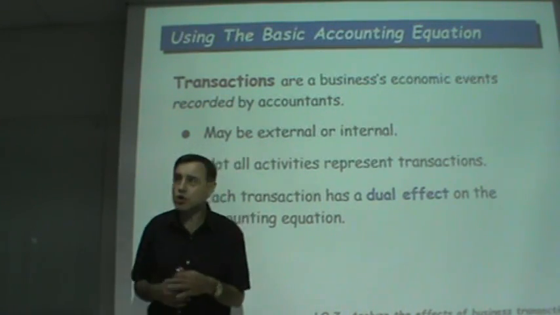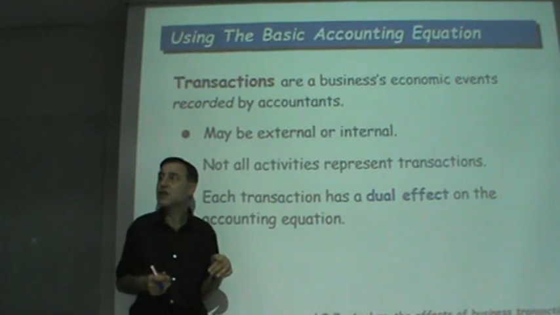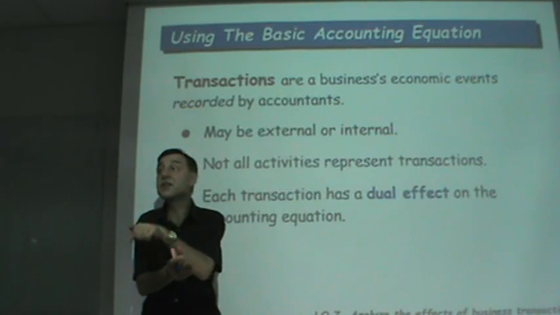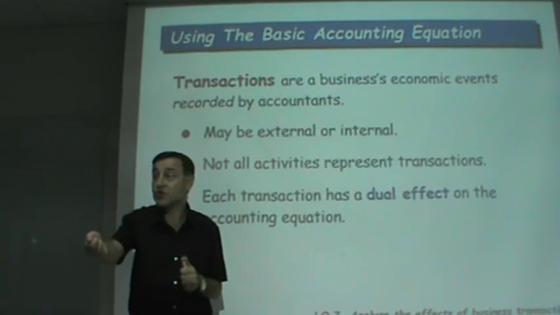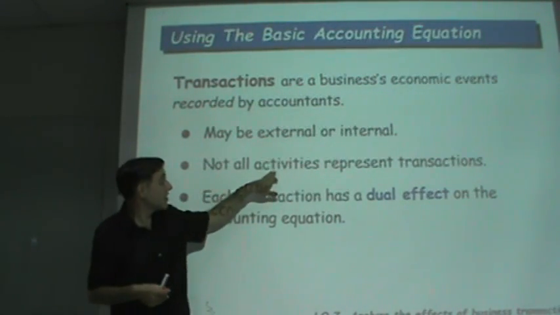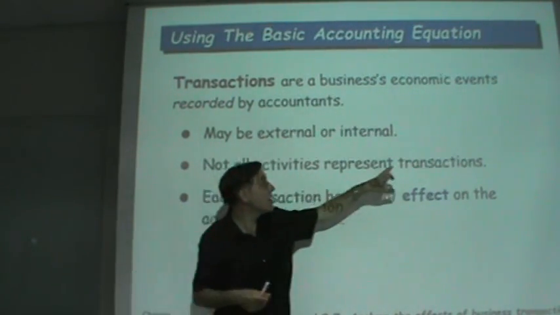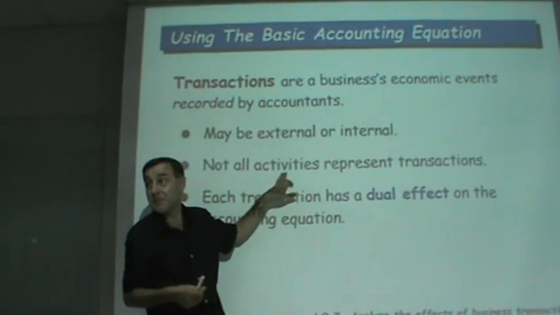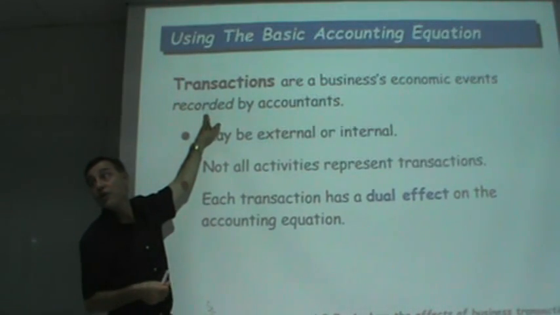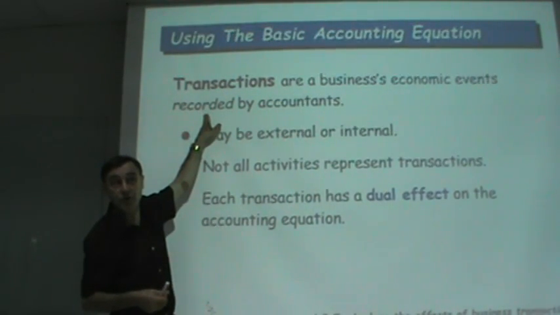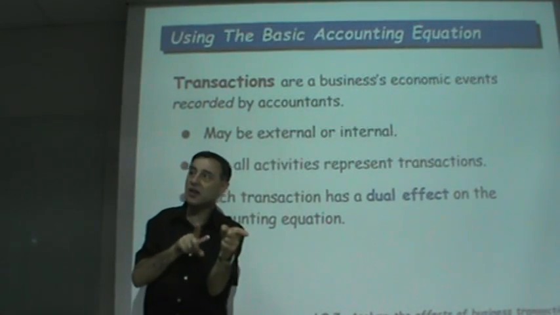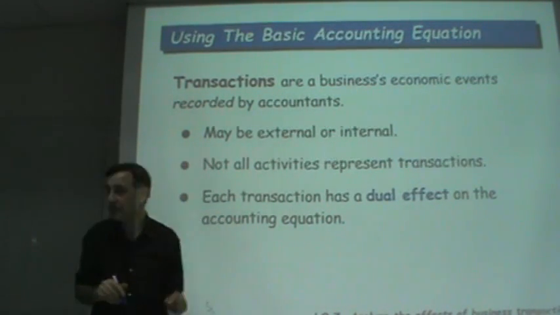But usually when you hire somebody, there is no real transaction until the end of the month when you actually pay cash for his salary. So activity doesn't mean transaction. Activity is something happens. Transaction is something happens and you must record it. So you need to differentiate between activity and transaction, okay?